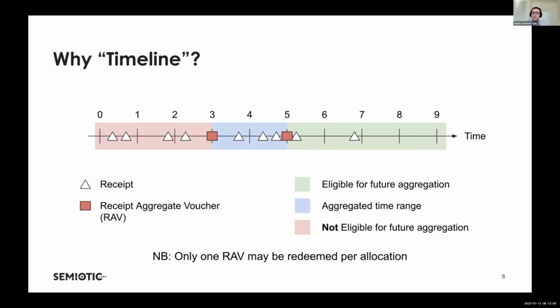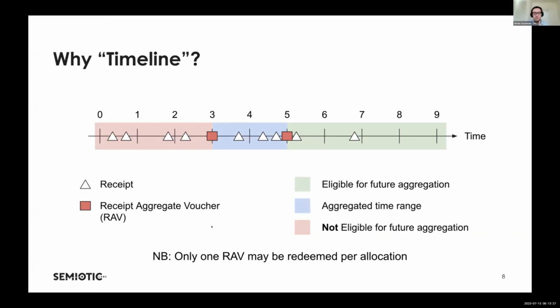And after we've received what we call the RAV, the receipt aggregate voucher, any receipts prior to that time, as well as any RAV prior to that time, are not eligible for future aggregation, that is, if we want to add to that latest RAV. Over time, we receive more receipts.